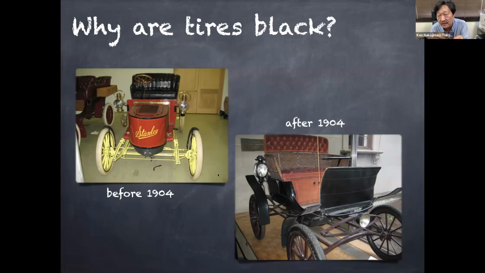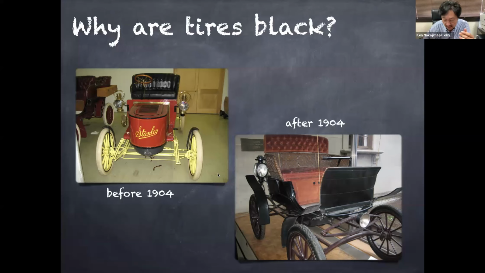First of all, as you can see, the original color of rubber is not black or white. You add something to it. In the case of a white tire, calcium carbonate particles are added.